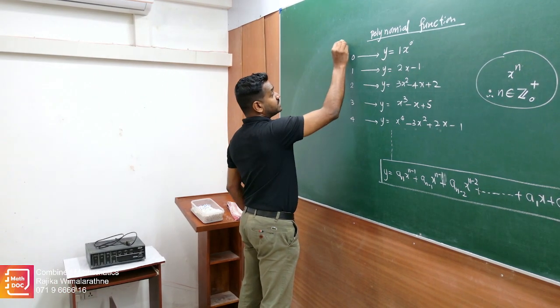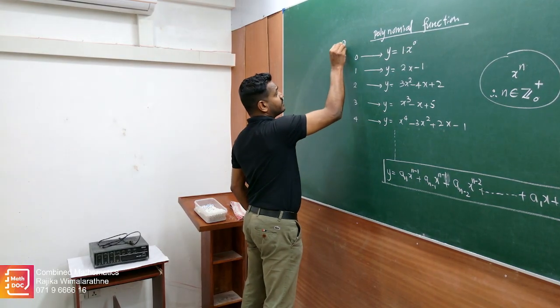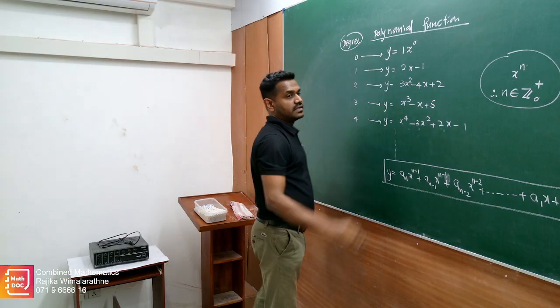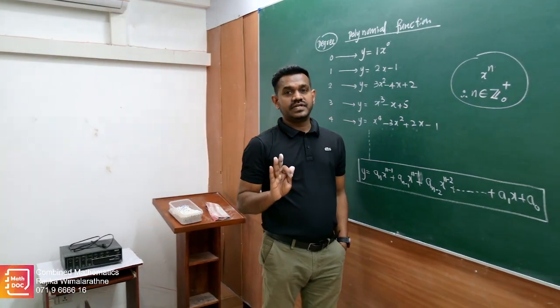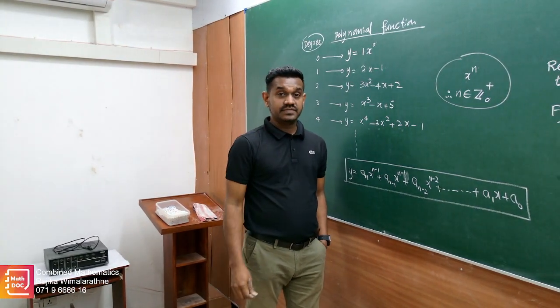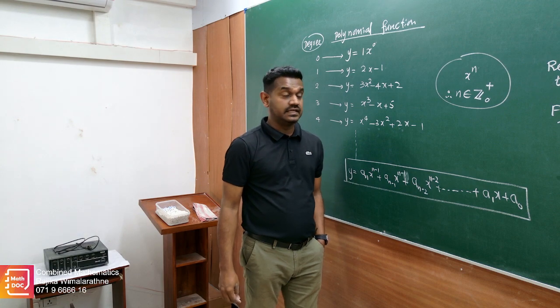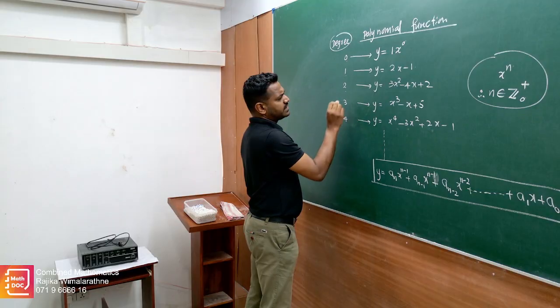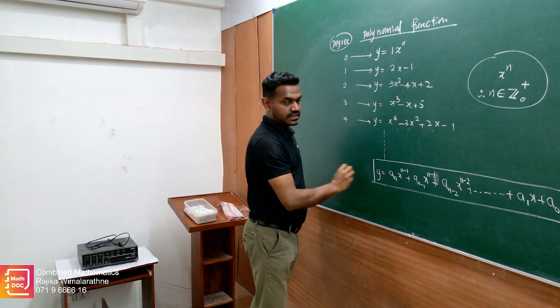We call the maximum power of x the degree. Then here degree 0, degree 1, degree 2, degree 3, degree 4, and it goes like that.